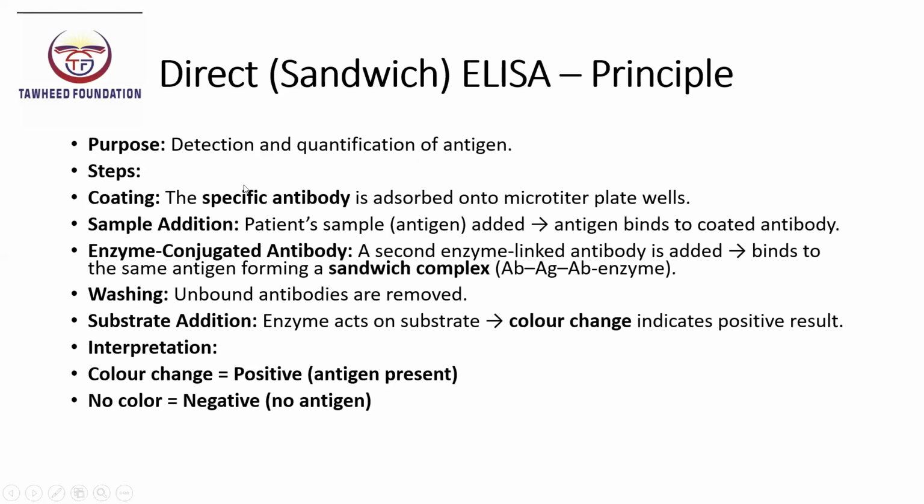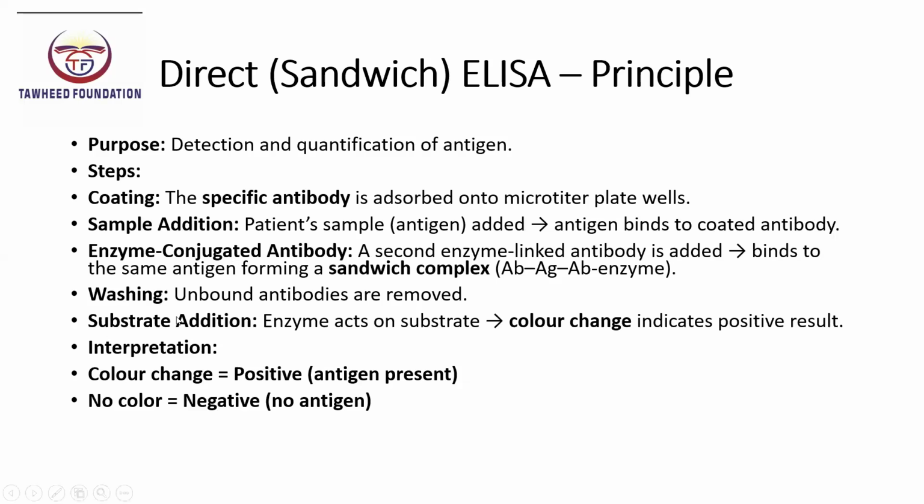So steps here, coating, the specific antibody is adsorbed onto microtiter plate wells. Sample addition, patient sample binds the coated antibody. Enzyme conjugated antibody, secondary antibody binds to the same antigen and forms sandwich, that is complex.